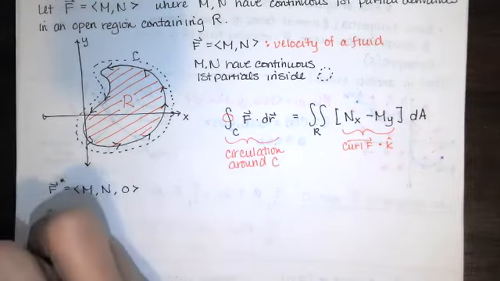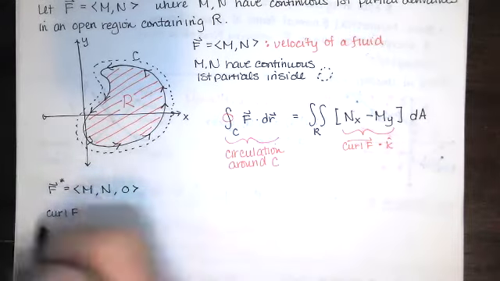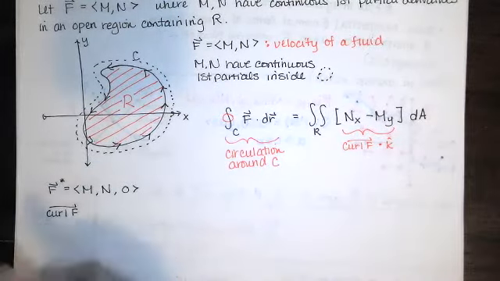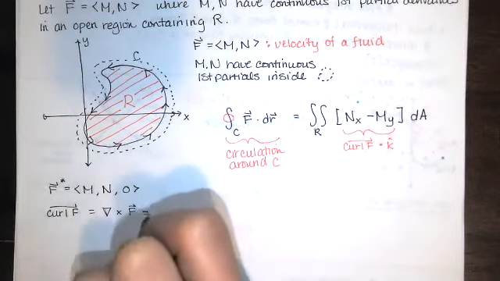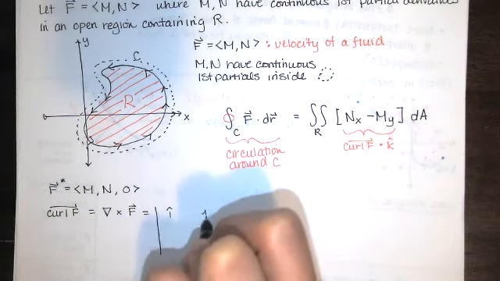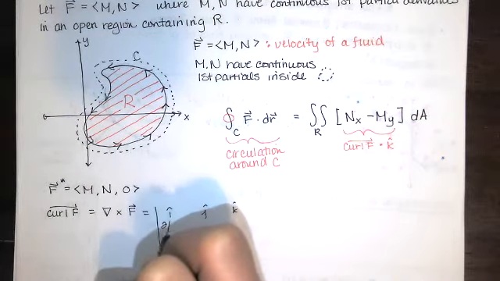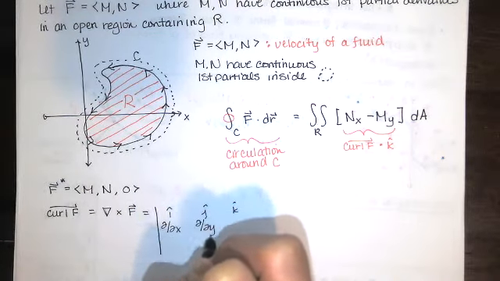If I take the curl of F, and I'm going to write it like that, just to remind myself that it's a vector, that's the del operator crossed with our field F. We get this.